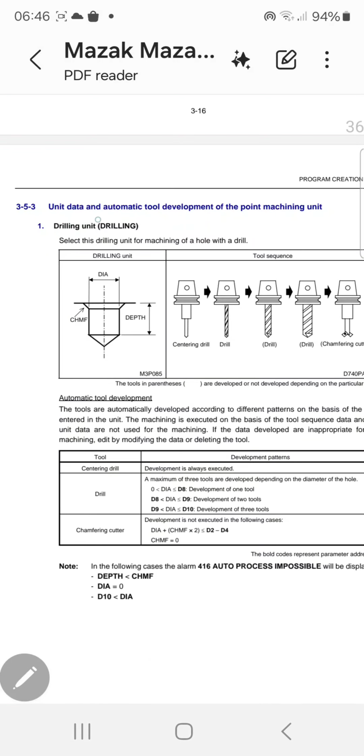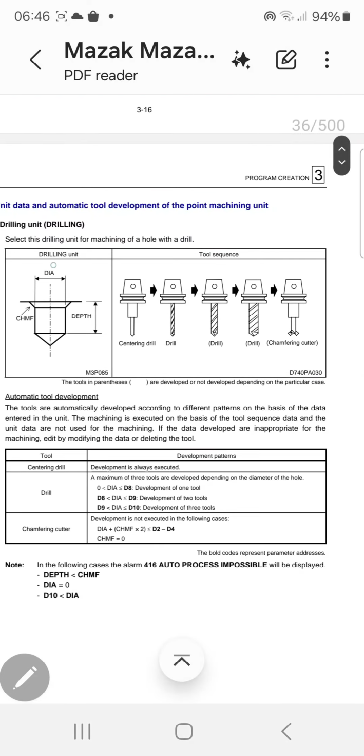Three, the unit that the automated tool develop point machine, the drill. Select the drill unit machine of the hole. This is the diameter, this is the chamfer, the depth, and to drill chamfer.